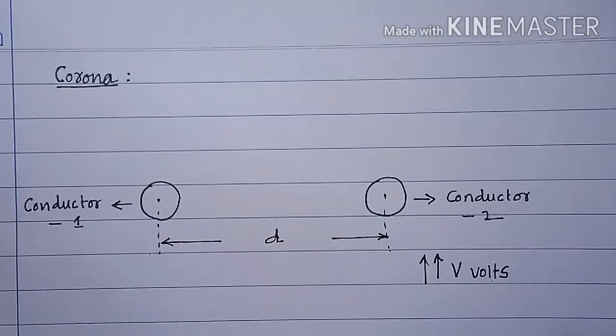Since free electrons are normally present in the free space due to radio and cosmic rays, these electrons get accelerated due to the voltage of power conductors and collide with other molecules of air, and they dislodge electrons from molecules.